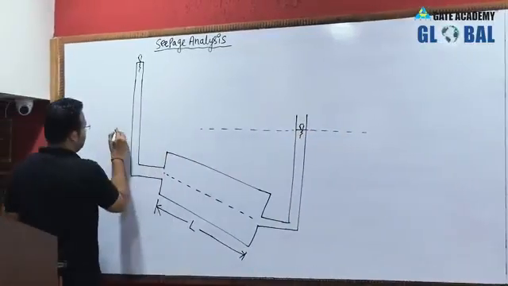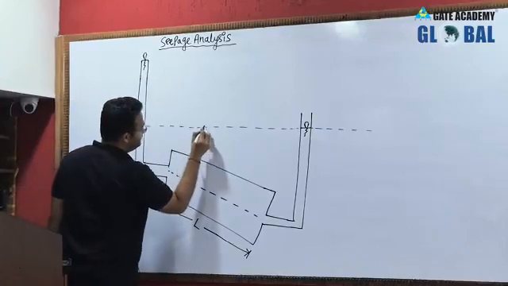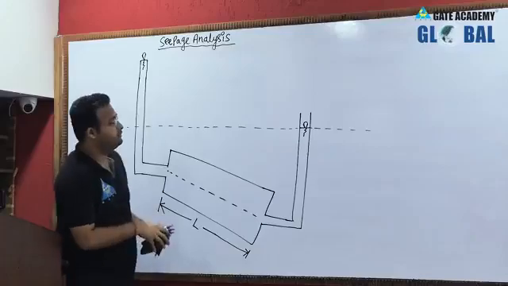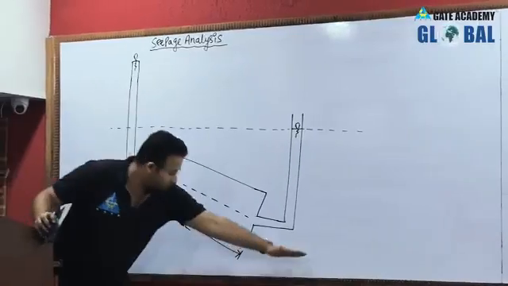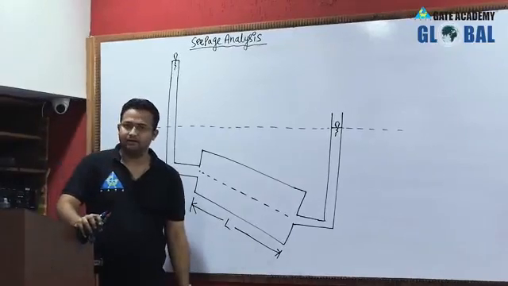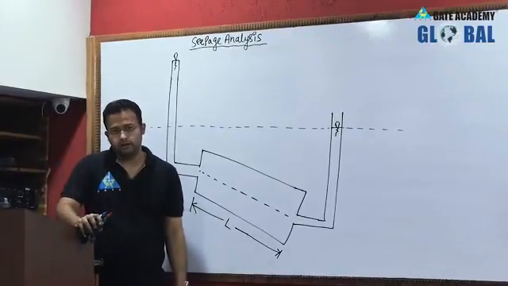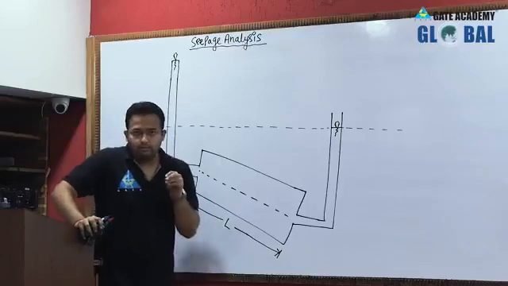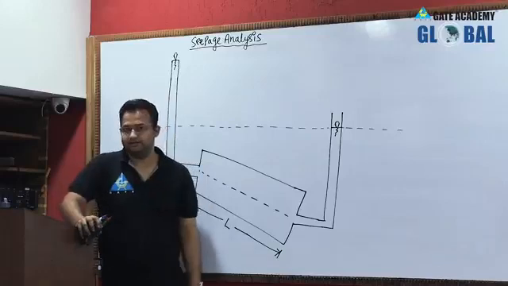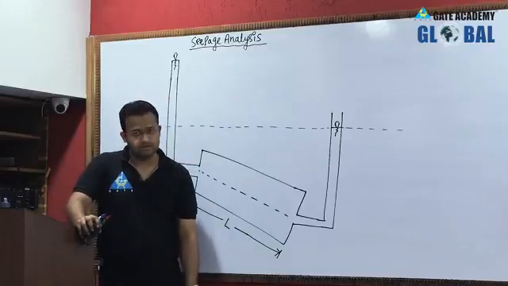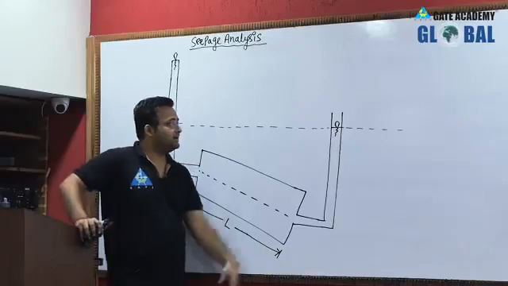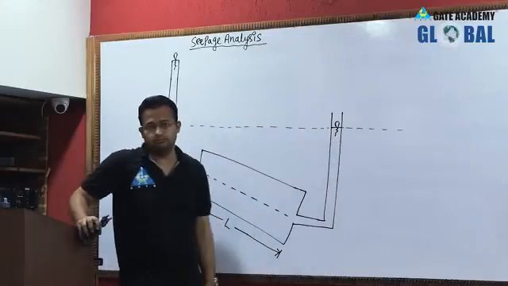Now you may ask me, sir, when you explained Darcy's law in the permeability topic, you took the datum somewhere here. Yes, because of my interest I took it, no problem. If the question mentions the datum, consider that datum; if they give no information about the datum, consider it at the tailwater.